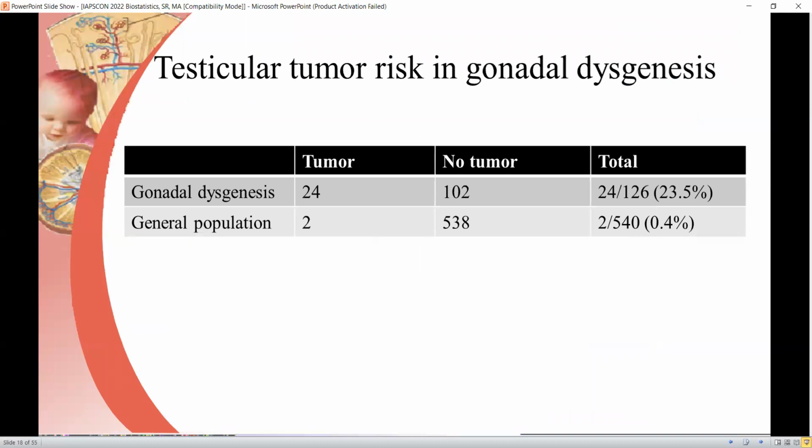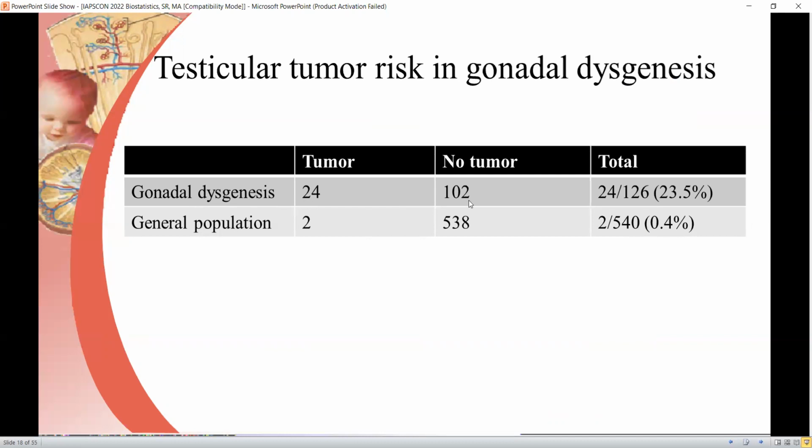Testicular tumor risk in gonadal dysgenesis. This is a common scenario, I mean, common in the sense of a common thing which we use. So what is the population risk of testicular tumor? That is 2 out of 540, that is 0.4% from the various studies. In a patient with a gonadal dysgenesis, like a mixed gonadal dysgenesis or some of the XY DSD, the tumor risk is 24 out of 102.